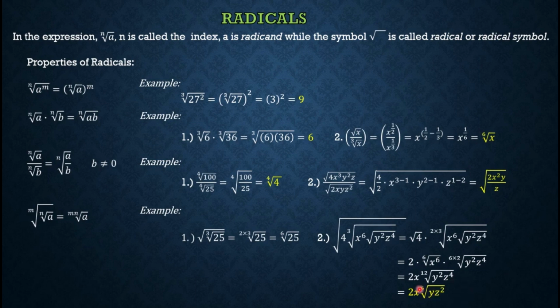So sa diri is ato tang gi-reduce, so 2 para makakuanta og 6 root na kuan, so ma-the-same sa y, so dapat mabilin to diri. So mao na ang final answer.